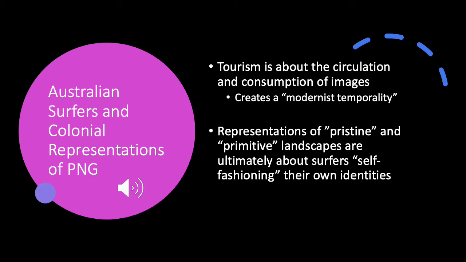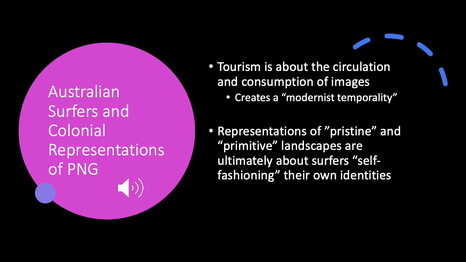One of the things that she talks about surfers as being really interested in is these representations of pristine and primitive landscapes. There's a whole rhetoric of surfers wanting to discover the next secret place, right? And there's a whole set of cultural values that have to do with freedom, being in the zone, and discovery.